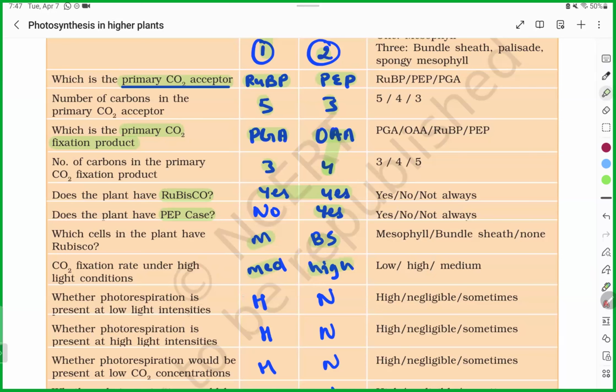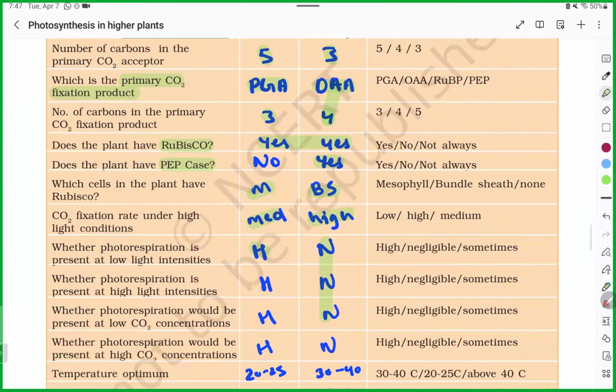Whether photorespiration is present at low light intensity: in C3 yes, in C4 no. Doesn't matter what the situation is, in C4 plant there is no photorespiration. C3 plant has photorespiration, C4 plant does not, whether low light, high light, low CO2 or high CO2 concentration.